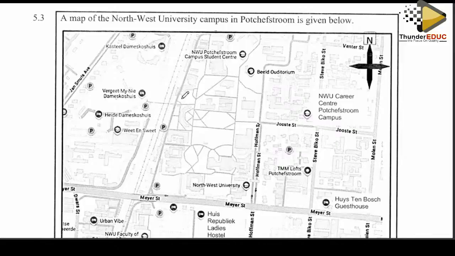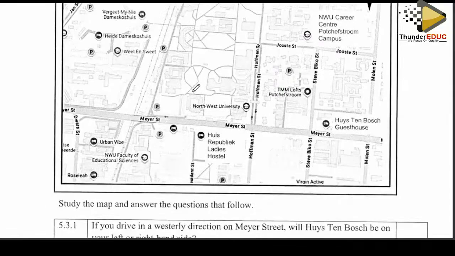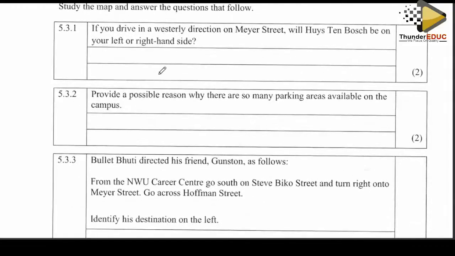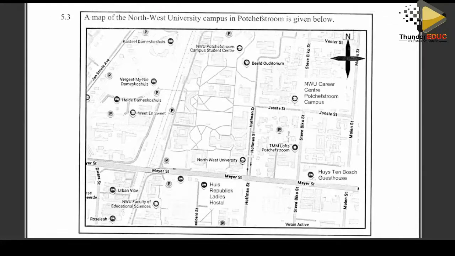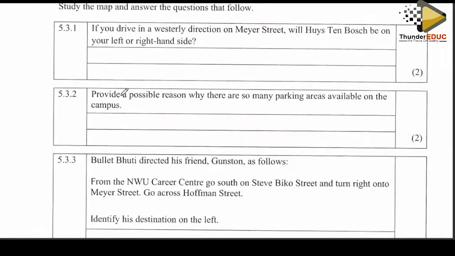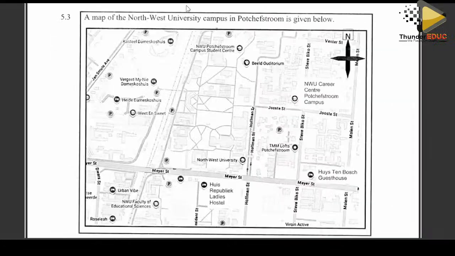5.3, a map of the Northwest University campus and portions is given below. If you drive in the westerly direction on Mayer Street, will Hoodstown be on your left? Now, this is north, this is west, this is east, and this is south.